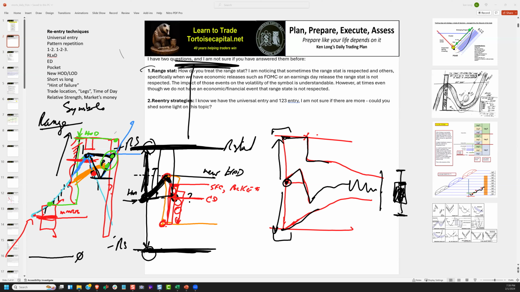And so they might be putting a bunch of breakout purchase orders up in here. And so when price moves up through that, if price were to move from here and break above the new high of the day, now all of a sudden all of those orders hit and you get an explosive move up.